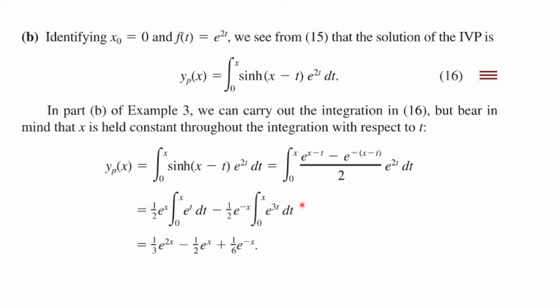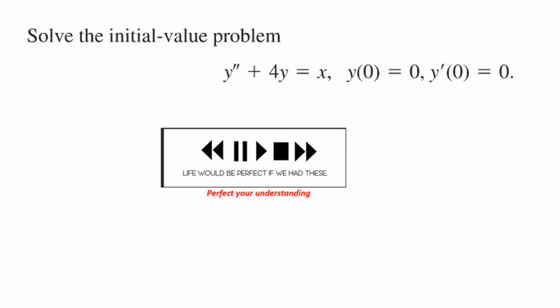So I can pull out an e to the x and be left with this, and I can pull out e to the minus x and be left with this, and finish the calculation realizing that e to the 0 is 1, and it's going to be e to the 3x, and there's going to be constants. So you should have gotten this as your answer. Please make sure you can do problems like this, because I will be asking you to do problems like this.